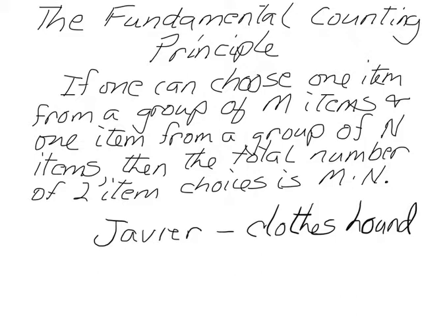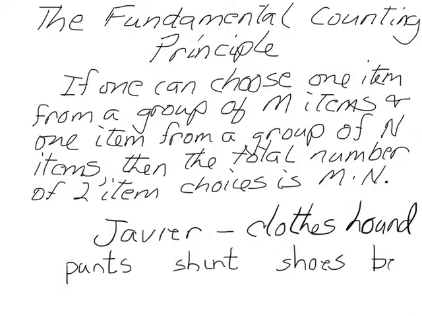Anyway, so whenever Javier goes to his closet, he always needs to choose some pair of pants. He needs to choose some kind of shirt. He needs to choose some kind of shoes, and he needs to choose a belt.